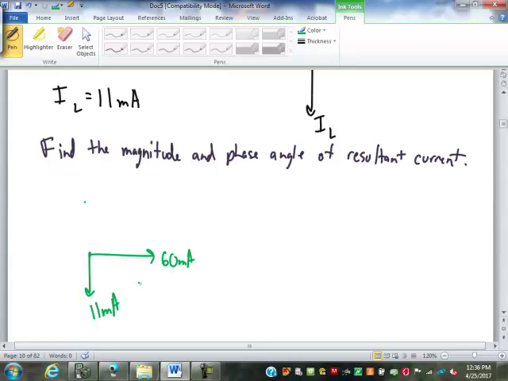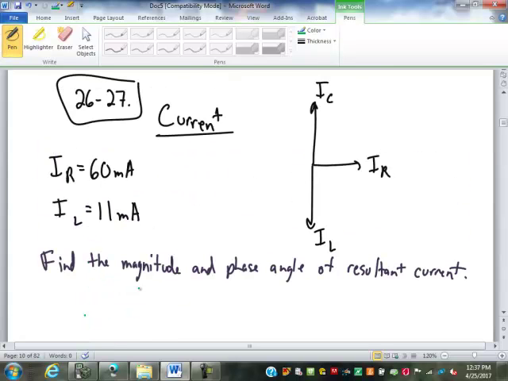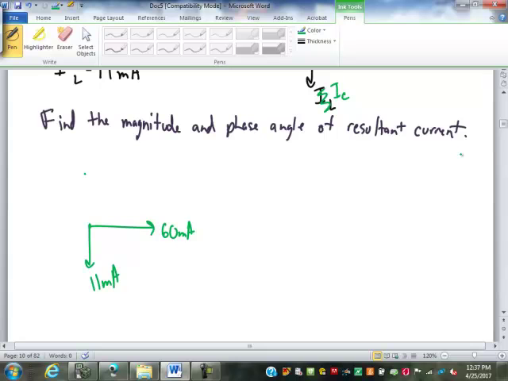Did I do that backwards? Yeah. Current flips. The voltage through a capacitor trails, but the current through a capacitor leads. So it's going to be like that. So this should be 90. So it's 11 milliamps that way.